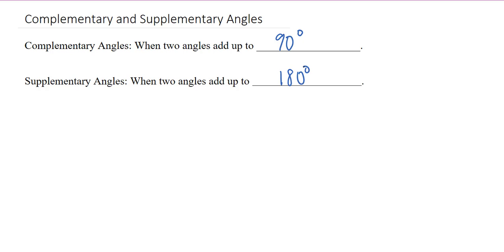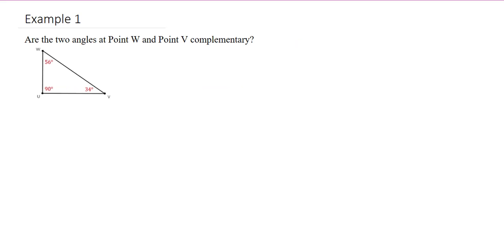So let's look at some examples to further understand this. Example 1. Are the two angles at point W and point V complementary? So let's find point W and point V. Point W shows to be 56 degrees.